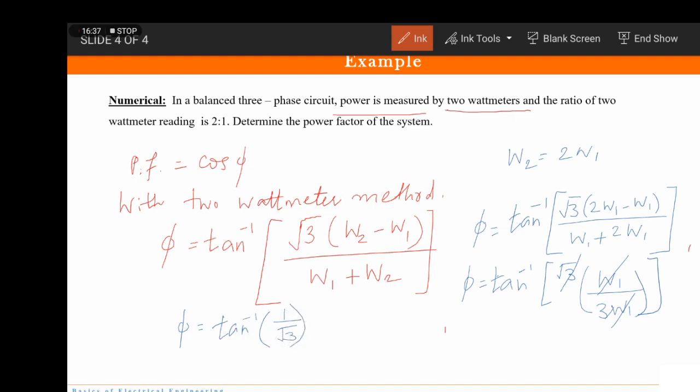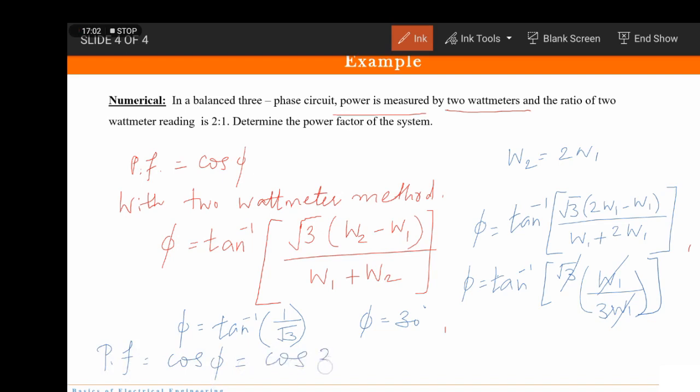Okay. So for what value of angle do we have tan theta to be 1 by root 3? It is 30 degrees. Fine. So phi comes out to be 30. Now we shall calculate power factor. What is power factor? Cos phi.